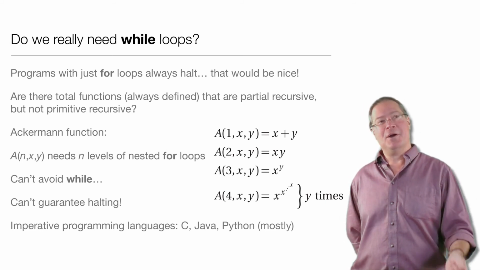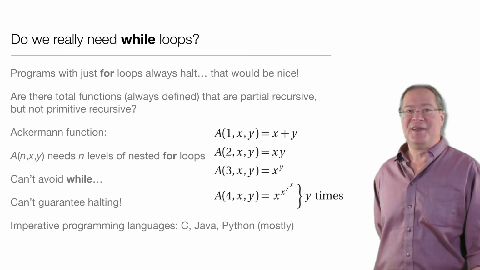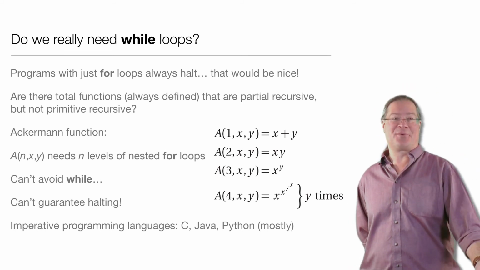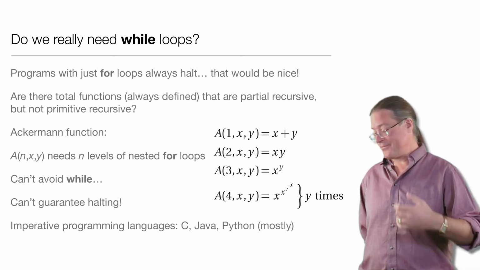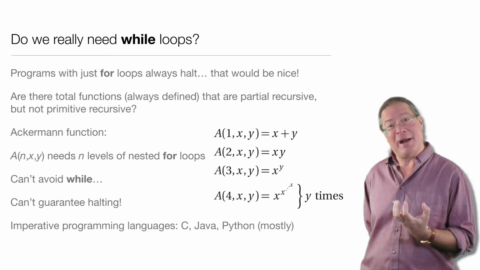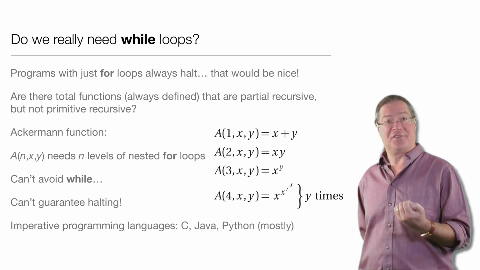C, Java, most of Python, and so on. And this is no coincidence. These programming languages were invented by people who were familiar with recursive function theory, and so things like for and while loops, the ability of one function to call another as a subroutine, these grew out of this theory of what types of functions can be computed.